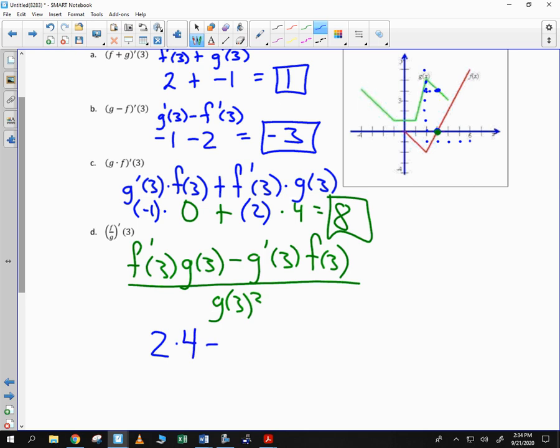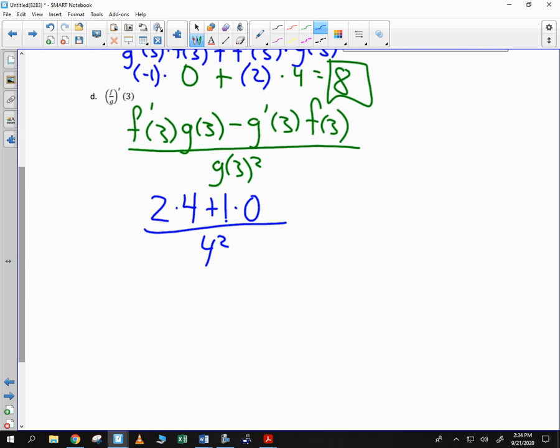G prime of 3 we've determined to be negative 1. And f of 3 we've determined to be 0. G of 3 we've determined to be 4. And so we have 2 times 4 is 8, and 4 squared is 16. We get 1/2.